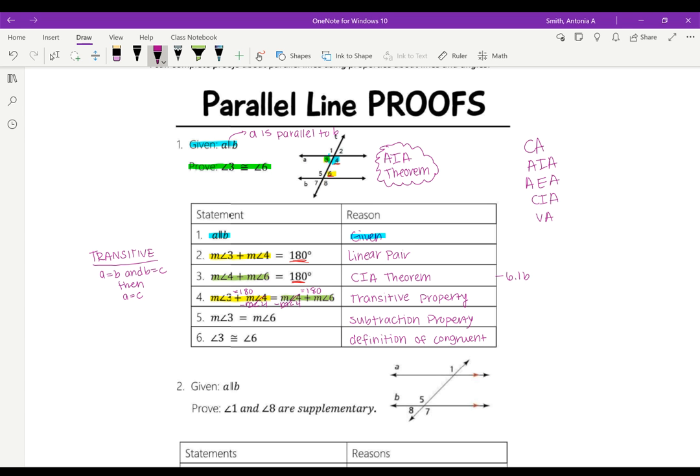Okay? Whenever I say they mean the same thing, we're using the definition of that thing. So because congruent means equals, the definition of congruent says that two things that are congruent are equal to each other. So that's why I'm able to switch this congruent symbol and this equal symbol with each other.